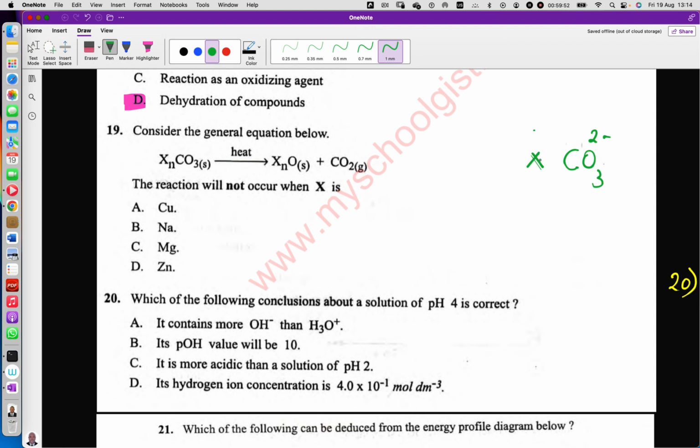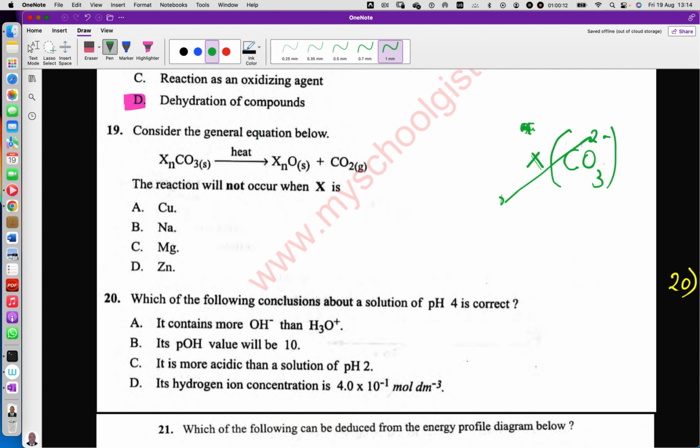So to know the charge of X, there is going to be an exchange of their charges.